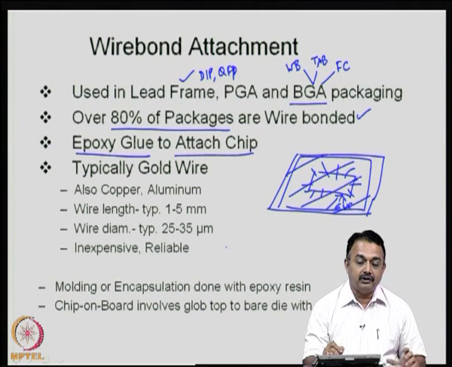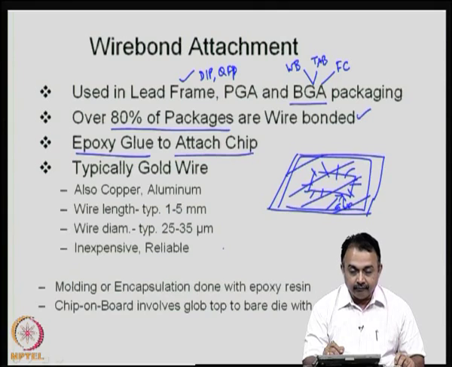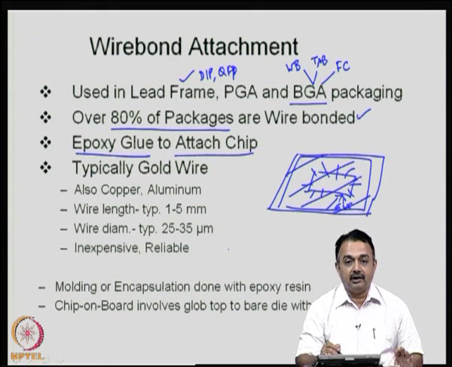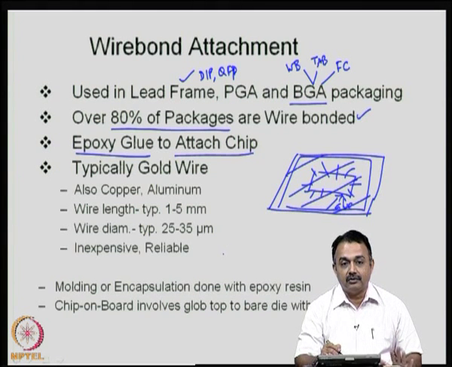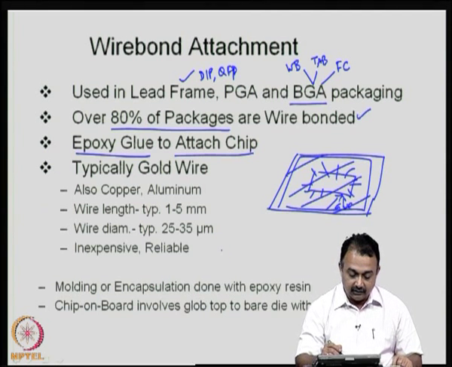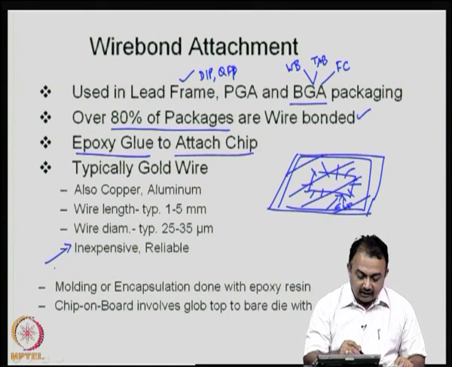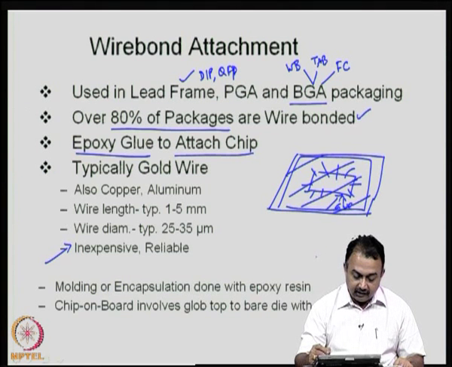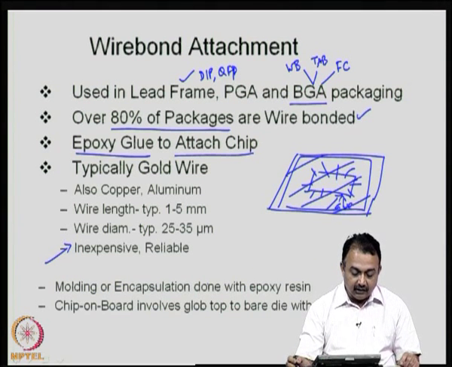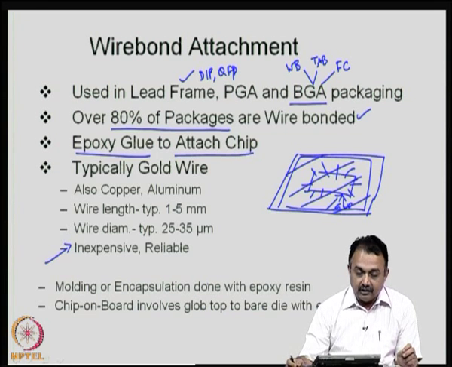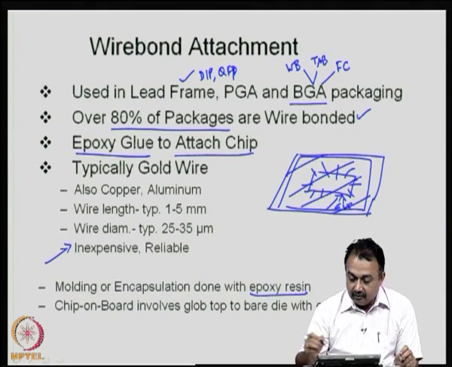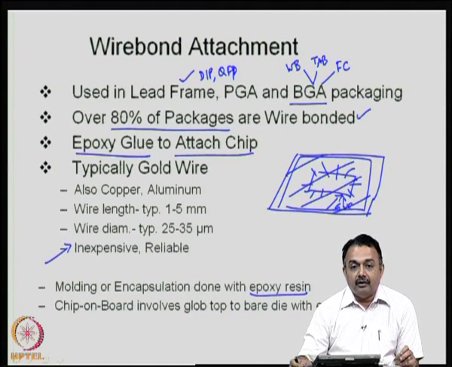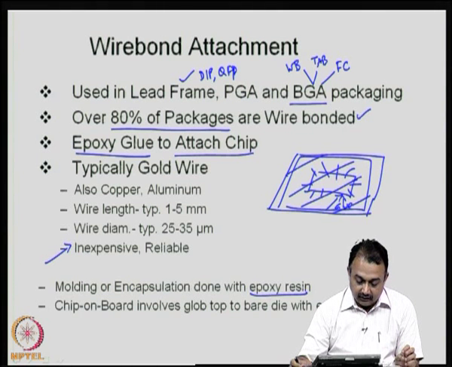If you are going to use it a chip on board, then you might have more space, therefore, you can use a thicker wire, but again electrical considerations are more important in choosing the thickness of the wires. Ideally, very inexpensive, reliable, well known process. As I said before, after the wire bonding is done, molding or encapsulation is done with epoxy resin, most common resin material that is used to encapsulate.